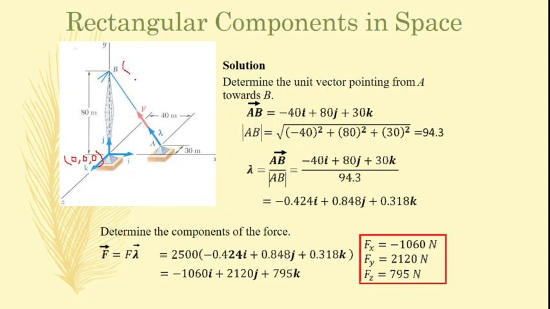For point B it is 0, comma, 80 in the y direction, and in the z direction it is also 0.